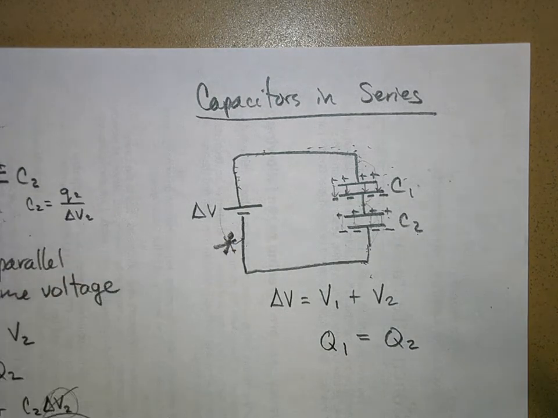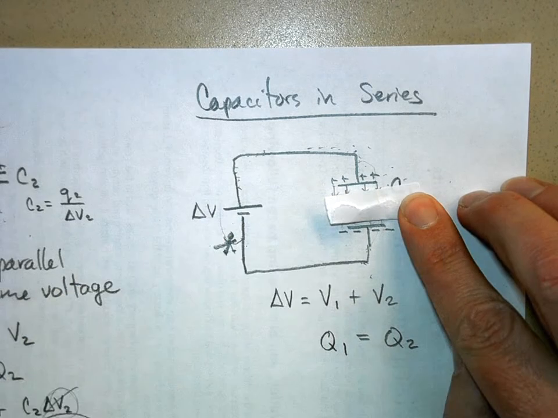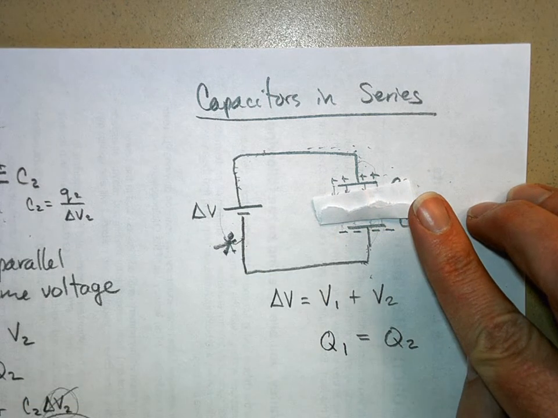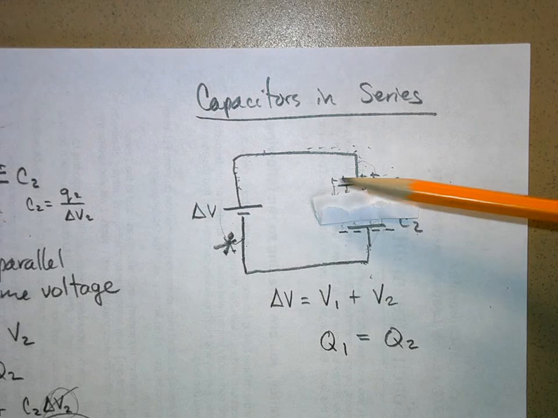But now here I'll take a little piece of paper. How much charge is stored overall? Remember, storing charge means how much is on the positive plate. I'm going to cover up that inside part. So from the point of view of this battery, how much positive charge is on the top and how much negative charge is on the bottom?